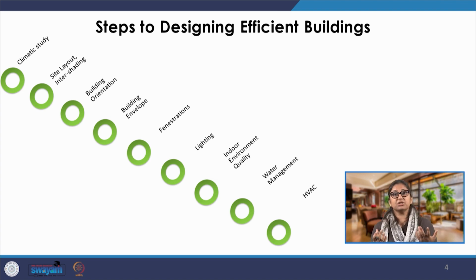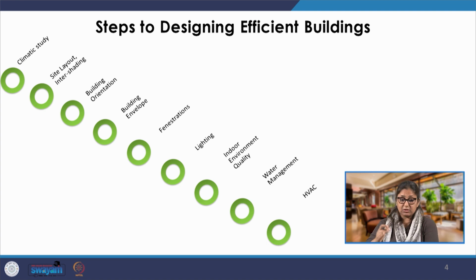For ventilation, we depend upon fans and other ventilation systems and do not depend upon natural ventilation. For thermal comfort, we depend upon HVACs. Even when it is extremely comfortable outside, the buildings tend to remain uncomfortable throughout the year. And that is because we do not follow the correct steps in designing these efficient buildings.